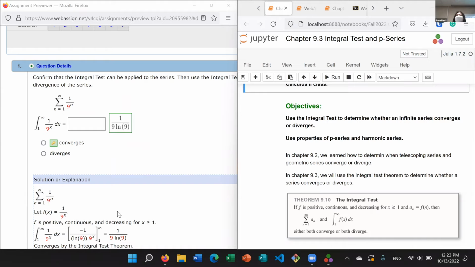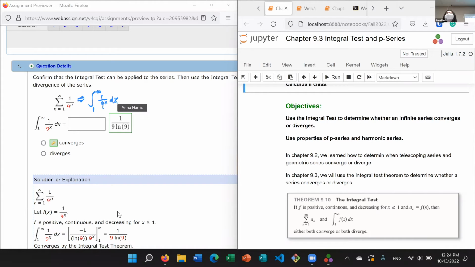So what I just showed was finding a sum. But your question does not ask you to find the sum. Are you with me, class? Read your problem. If your problem says find the sum, then you're gonna do A over 1 minus R. But it's not asking that; it asks you to take an antiderivative. So let's take the antiderivative. We're gonna rewrite this problem as the integral from 1 to infinity of 1/9 to the x dx.